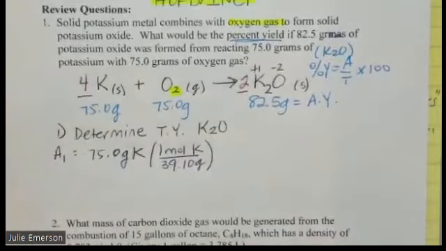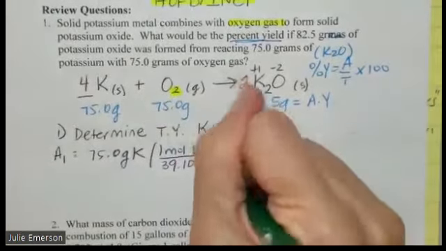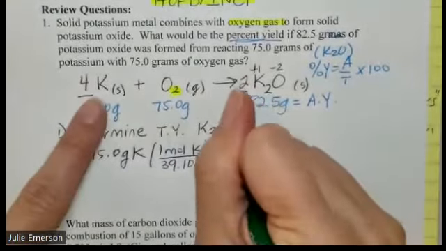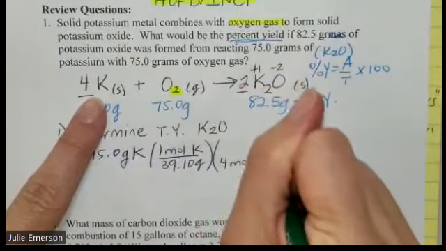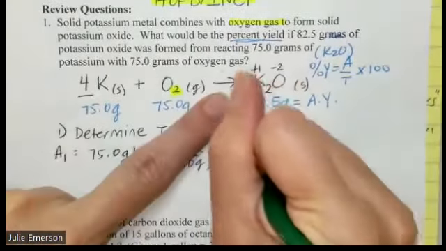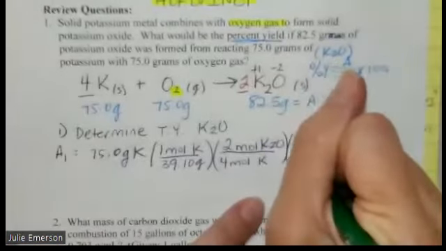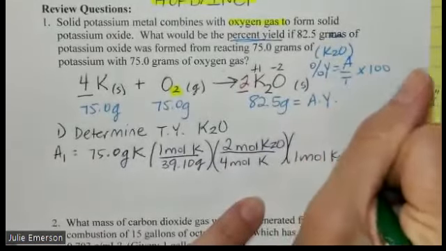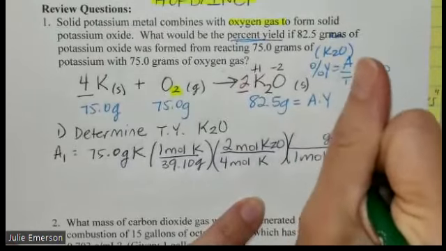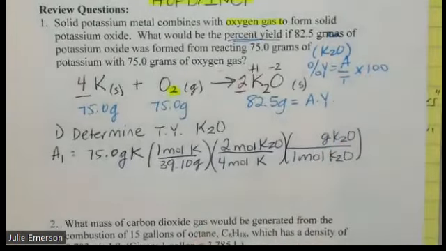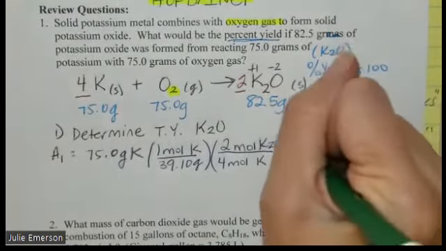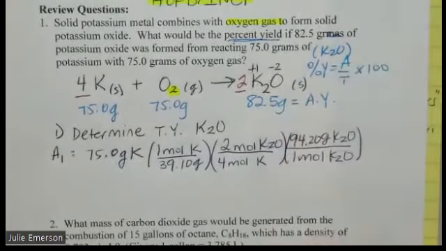Next, my mole to mole ratio: for every 4 moles of potassium, I produce 2 moles of K2O. And if I want grams, which I know I need because my actual yield is in grams, I need the molar mass of the K2O. So 39.1 taken twice, added to the 16 for the oxygen, is 94.20.